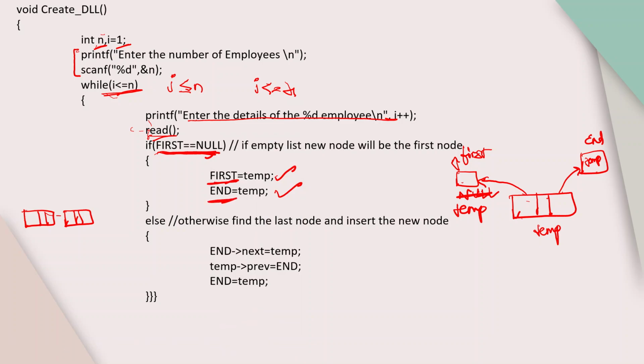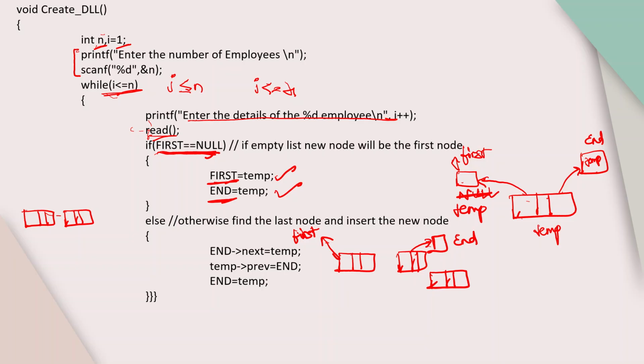Otherwise, see, it says end insertion. If you remember, end insertion. So this is first, and end also will be here like this. Now, I want to insert the new node over here.